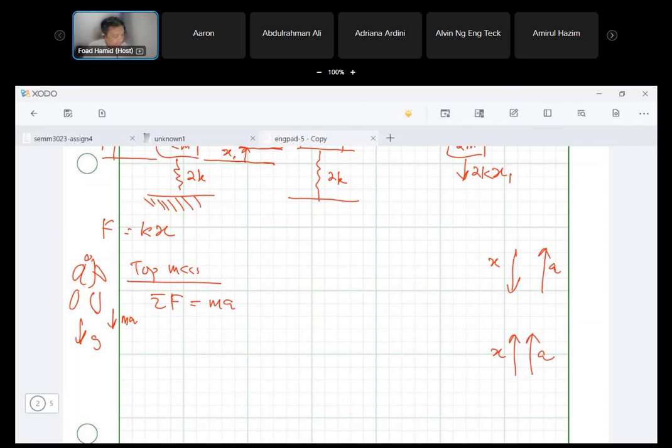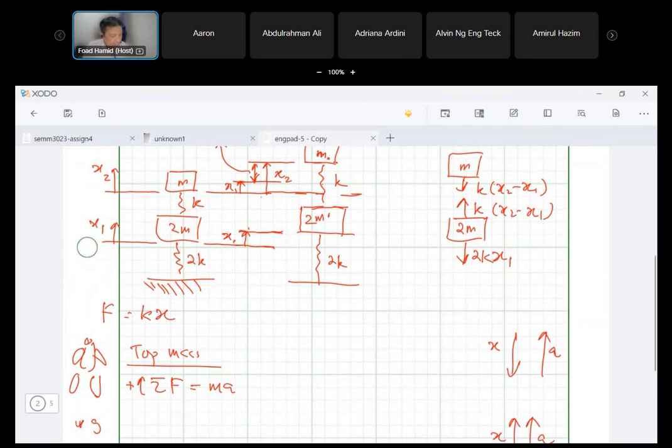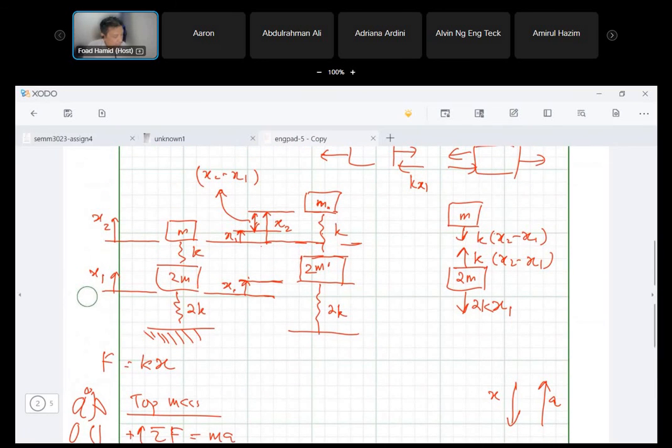So in this case, upward is positive, because the initial assumption is that x1 and x2 are upward, so acceleration is positive upward for both.